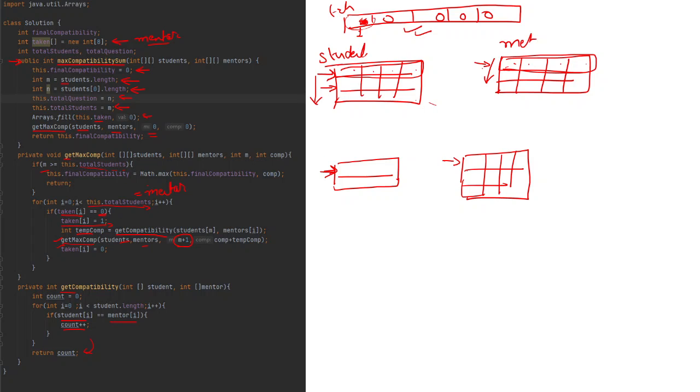The first mentor is already taken, as we can see from this array, so it will not go through this; it comes to the next mentor, checks that it is not taken, goes through this, and again calls get max compatibility, and then returns.